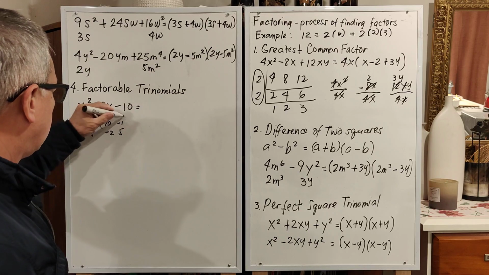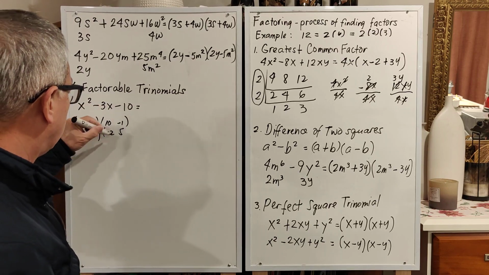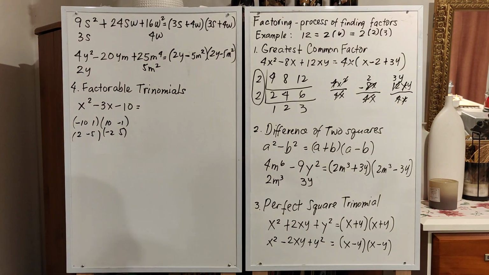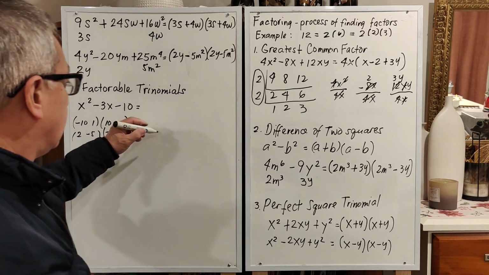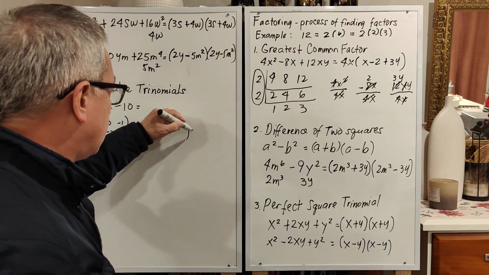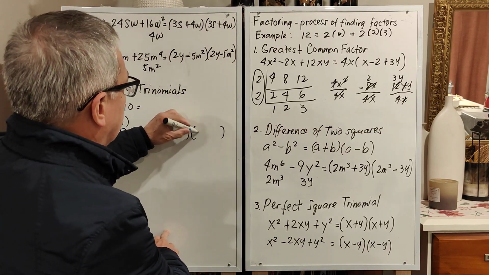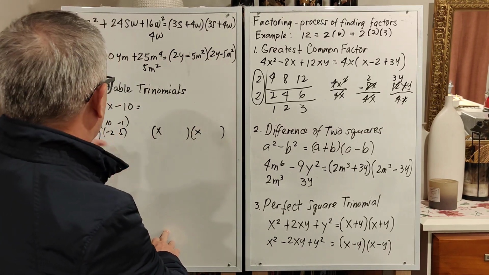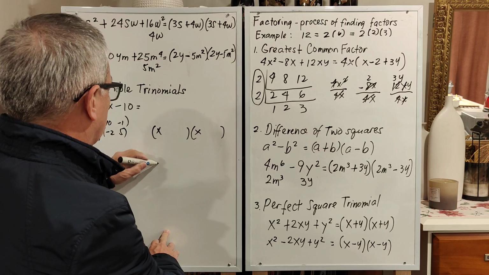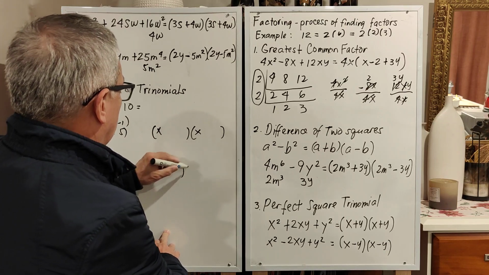So these are the factors of negative 10. And then we will write 2 parentheses. We put x and x. So there are 4 possibilities.